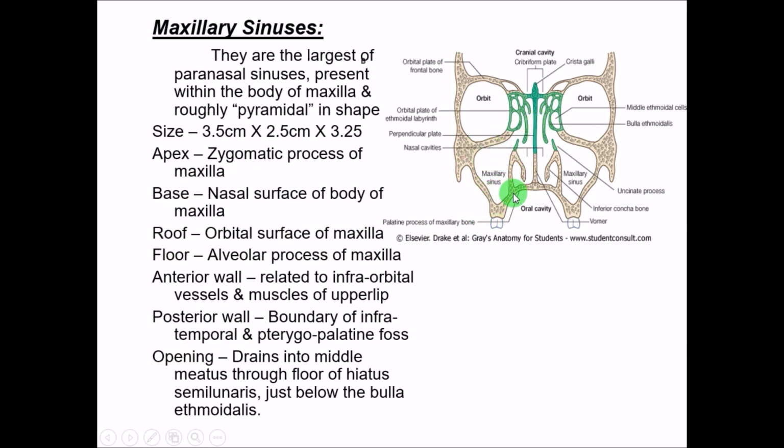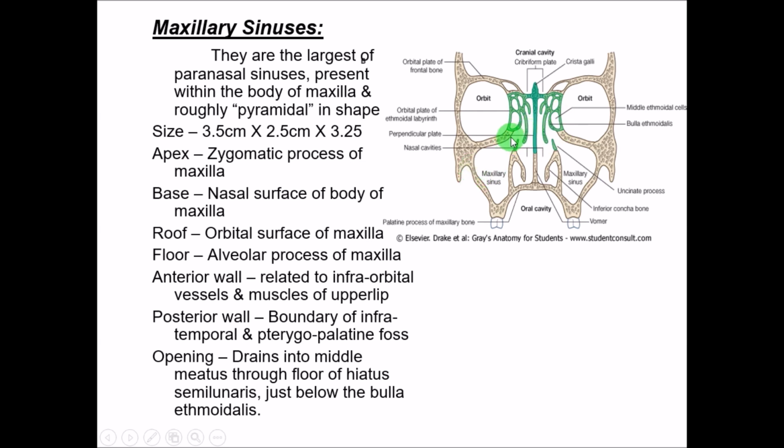The anterior wall is related to the infraorbital vessels as well as the muscles of the upper lip anteriorly, and the posterior wall is bound by the boundaries of the infratemporal as well as the pterygopalatine fossae. Then the opening of this maxillary air sinus is into the middle meatus, which is just below the middle concha, below the ethmoidal bulla.